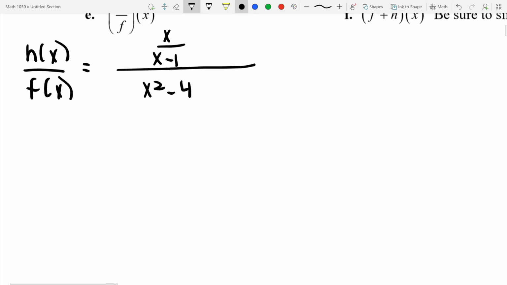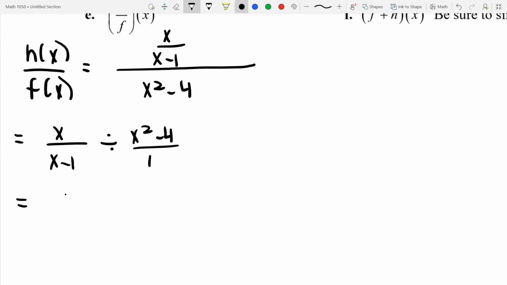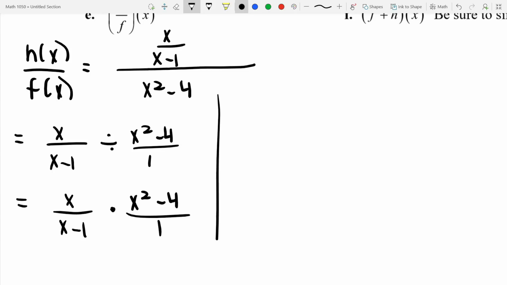Make that main division bar division symbol. So it's going to be x over x minus 1 divided by x squared minus 4. Put a 1 underneath it, flip it upside down, so it's x times x minus 1 multiplied by x squared minus 4 over 1.